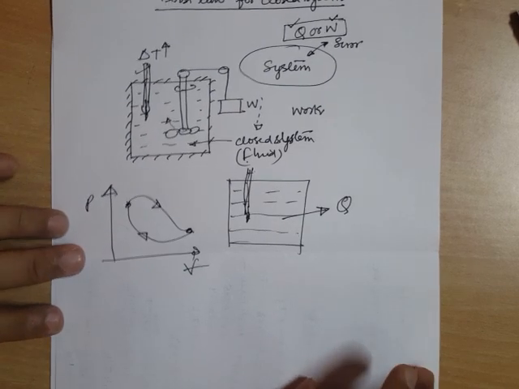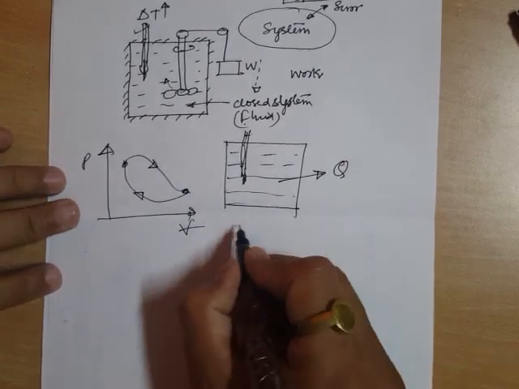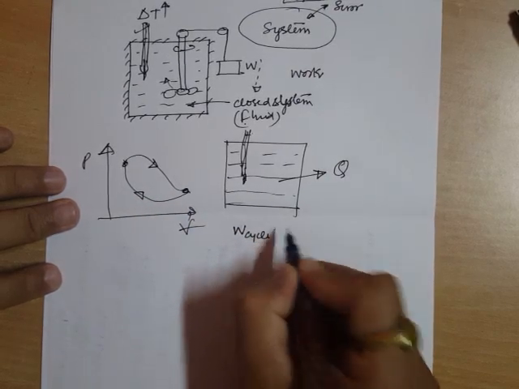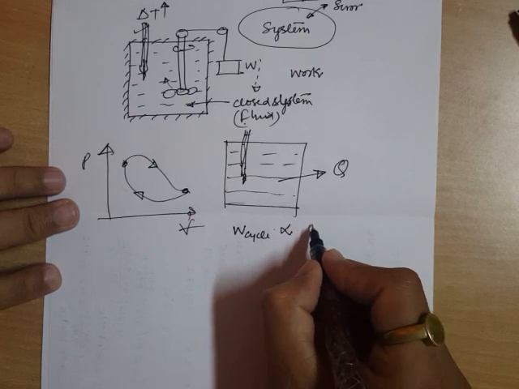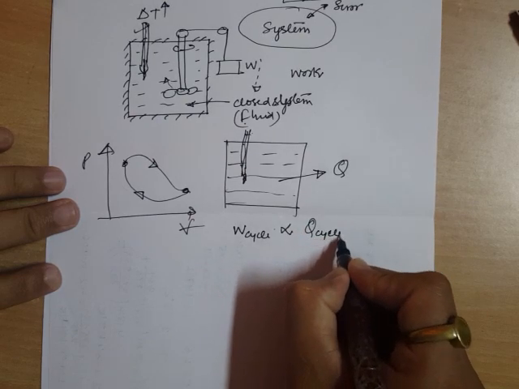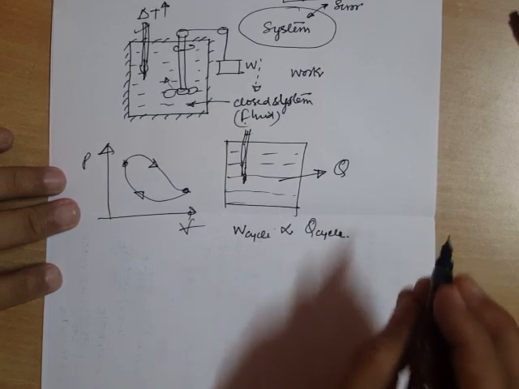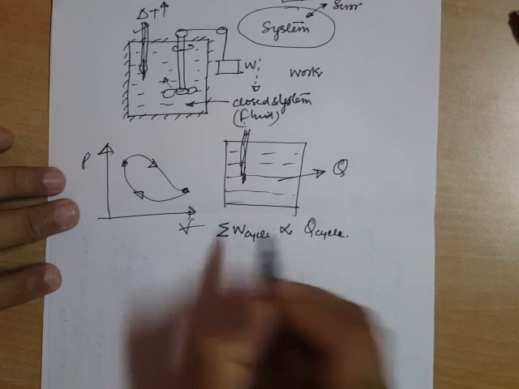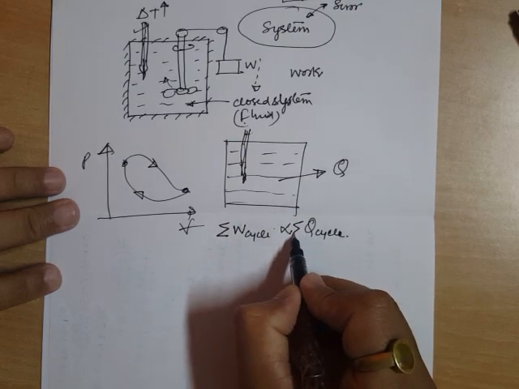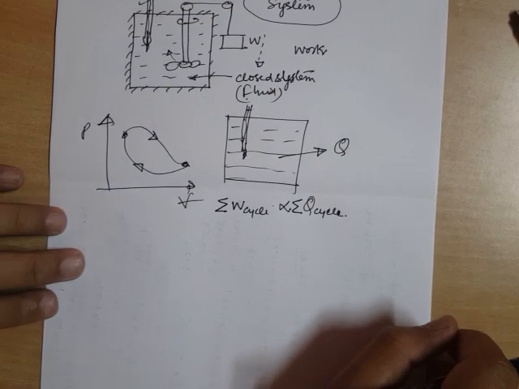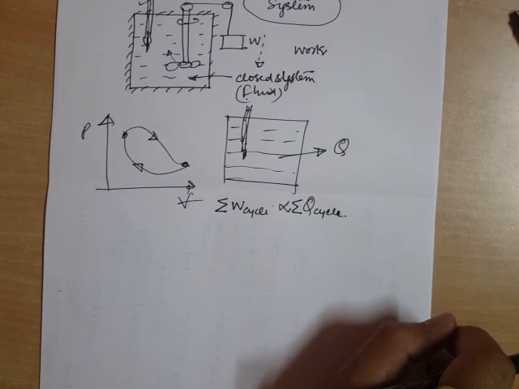And in this cycle, he observed that the amount of work which he did in this cycle is proportional to the amount of heat he rejected from this cycle. Or in other terms, the total amount of work is proportional to the total amount of heat. But in those days, heat and work were not in the same units as we consider them now, as joule.